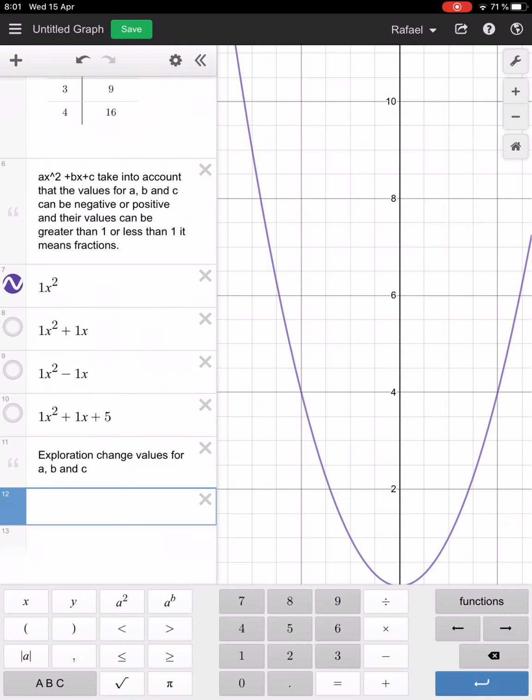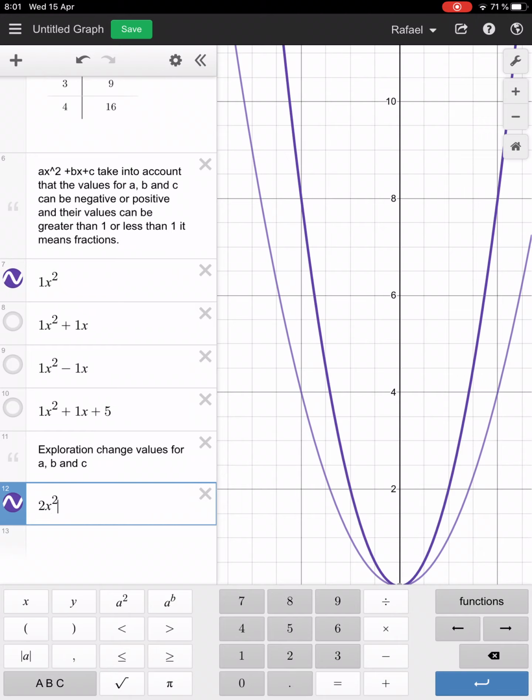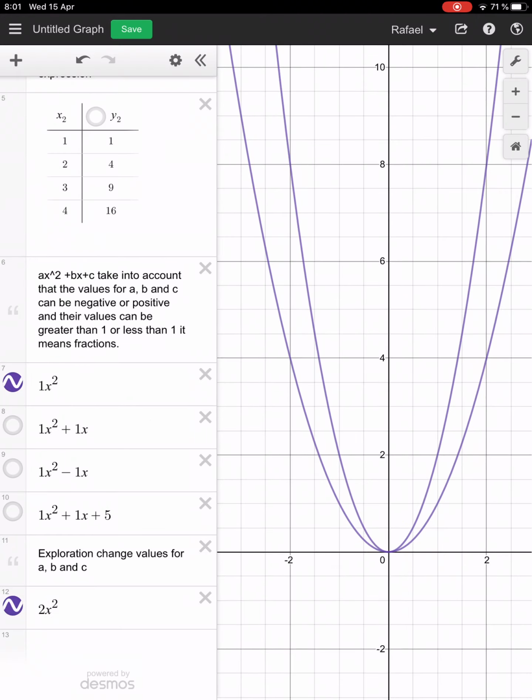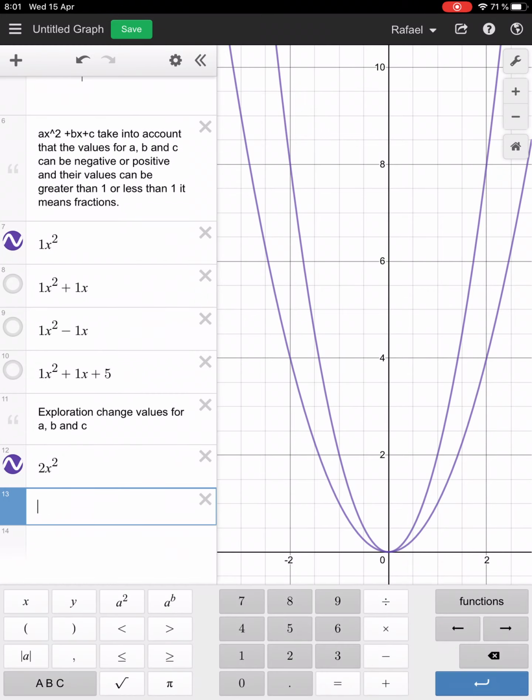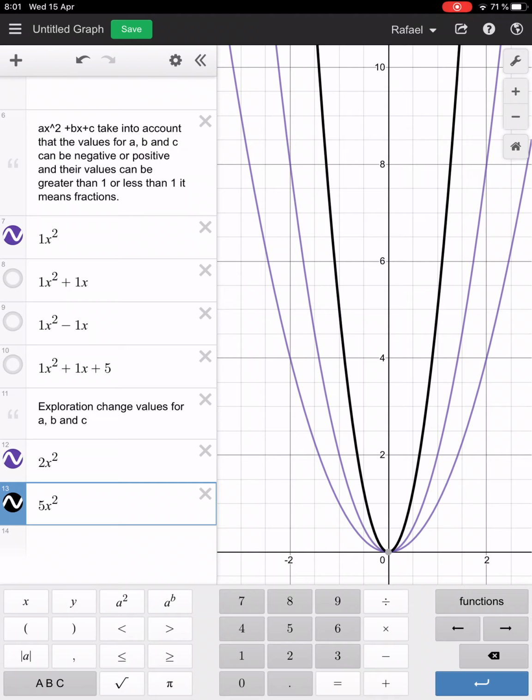For example, instead of having 1, we can write 2x squared. If you see 2x squared, you see that the curve was stretched a little and is closer to the y-axis. What happens when the value is 5x squared? You see how it's changing the curve? Therefore, try different values. Do the same for b and c, and tell me what is happening.